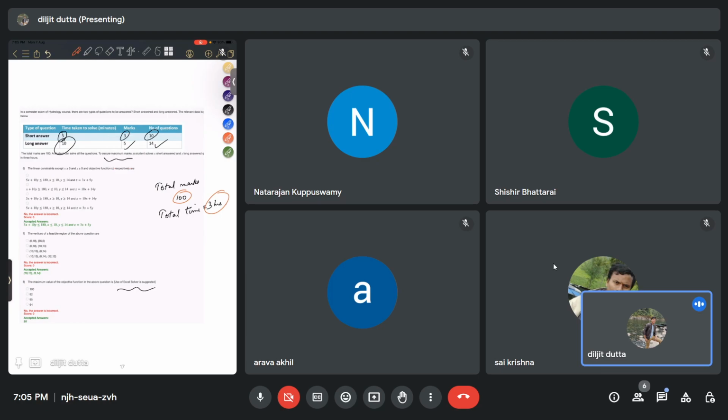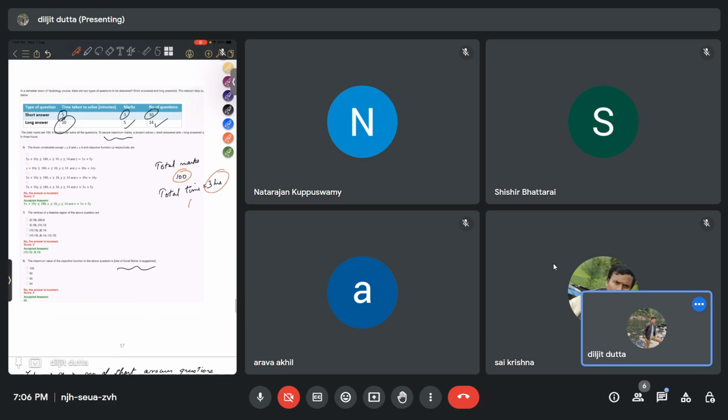So the first constraint will be based on time. We can say that 5 into x plus 10 into y should be less than or equal to 3. Sorry, we have to convert this to minutes.